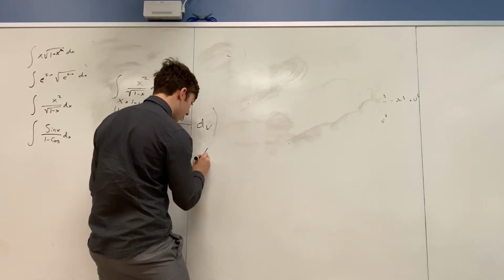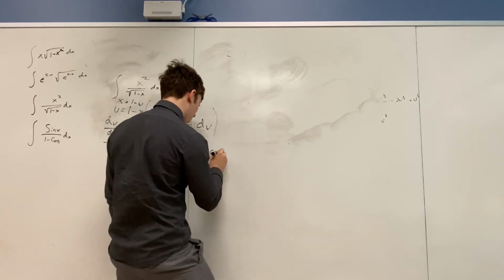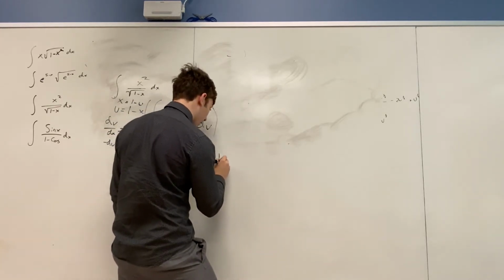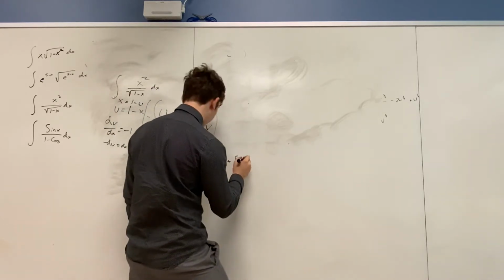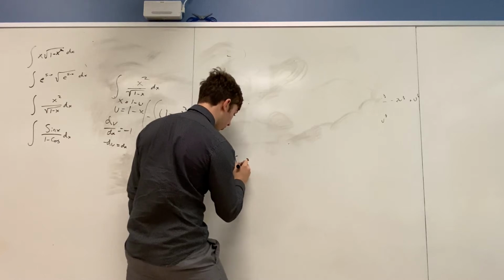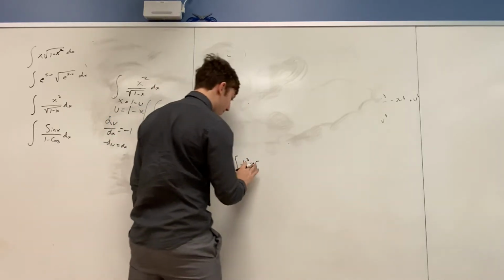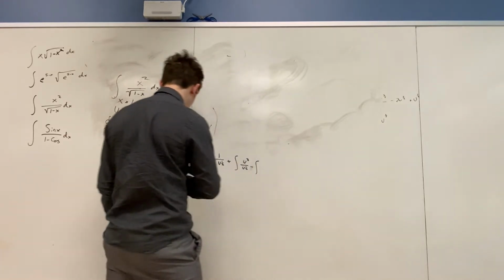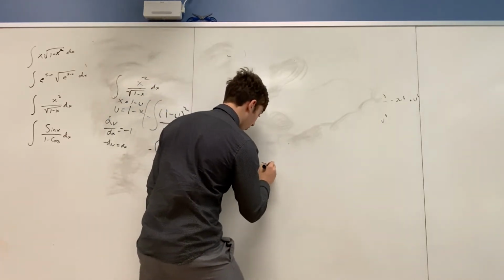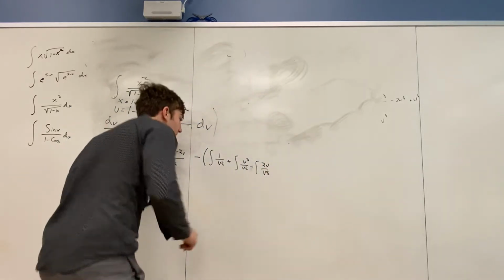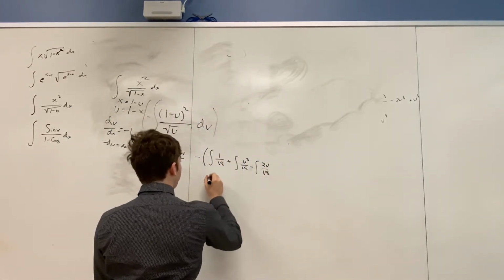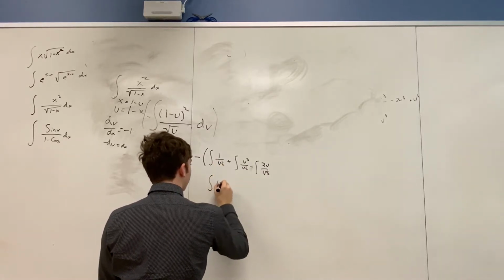So we can say negative, then the integral of 1 over u to the 1/2, plus the integral of u squared over u to the power of 1/2, minus the integral of 2u over u to the 1/2.